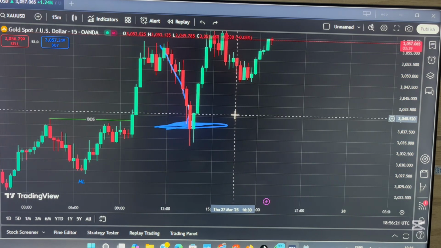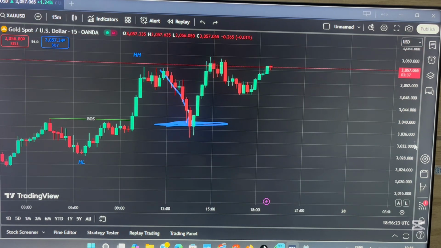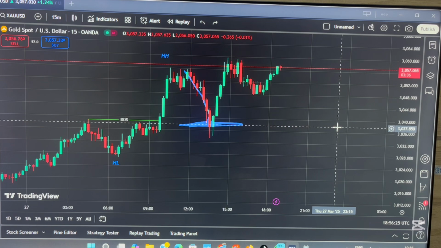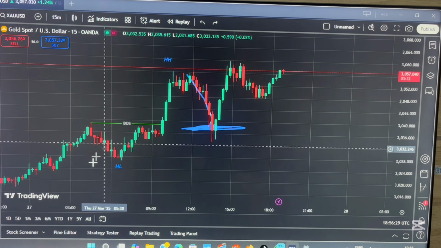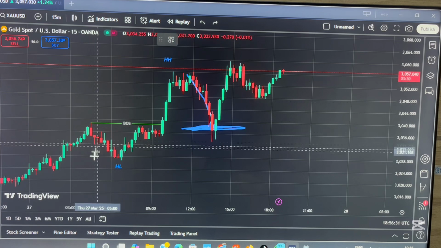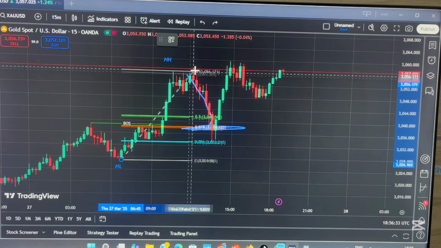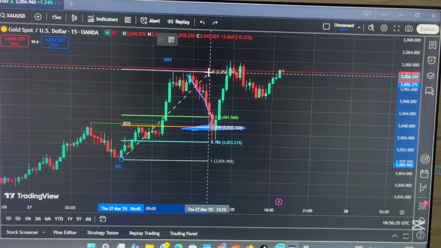Let me make this a little bit wide. Okay. Drag your Fibonacci all the way from here to your swing high.